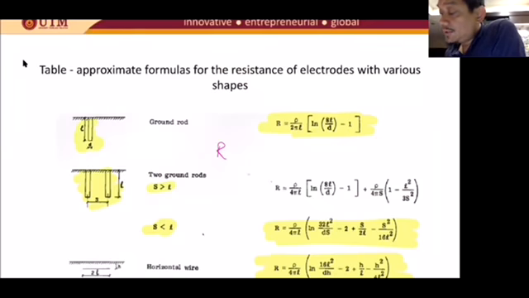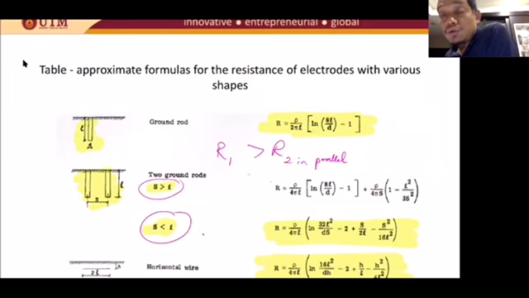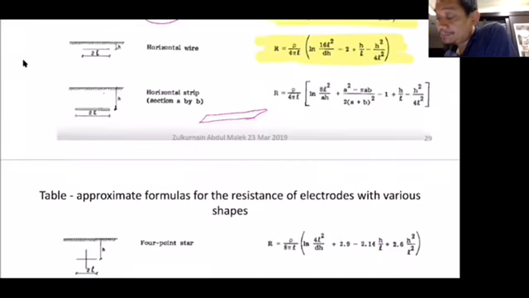Okay, single is larger than R2. Correct? Okay, the formula we prove, but you must think about the distance. Usually you should make the spacing much bigger so that it is efficient.